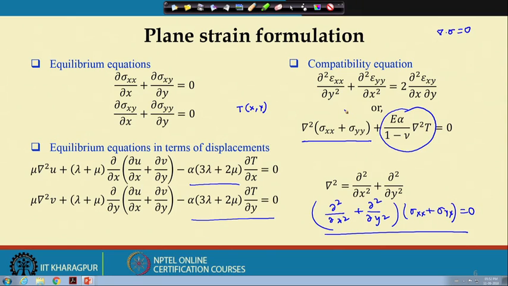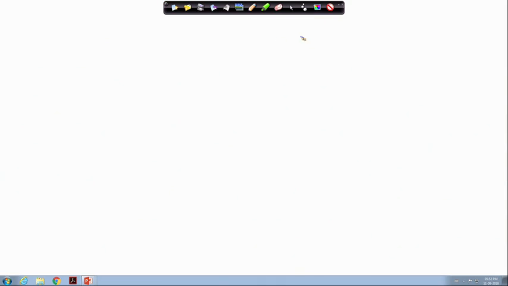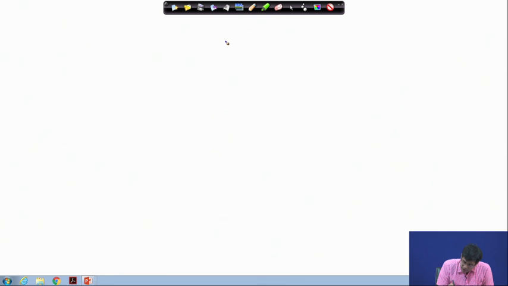Now, since we know the epsilon, this can also be written in terms of thermal strain, which I can show you in a detailed manner. For instance, if you have del squared epsilon xx by del y squared plus del squared epsilon yy by del x squared equals 2 del squared epsilon xy by del x del y.